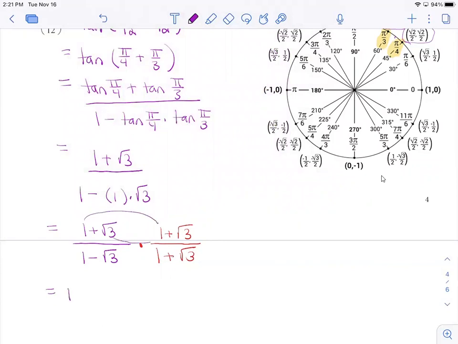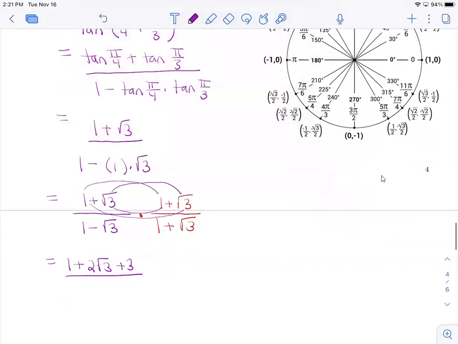I get a root 3 times 1, and then another root 3 times 1, so I get 2 of those. And then I get root 3 times root 3, which is just 3. And then in the denominator, I get 1 times 1.